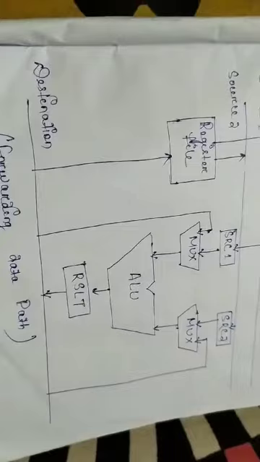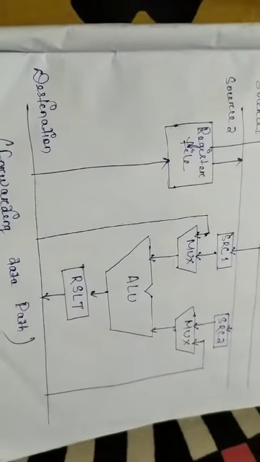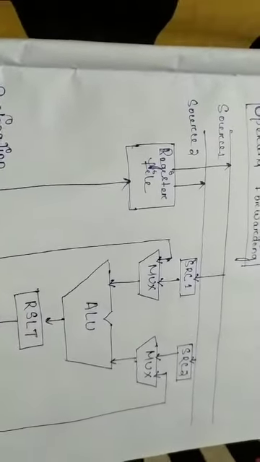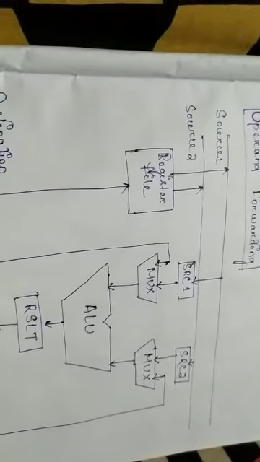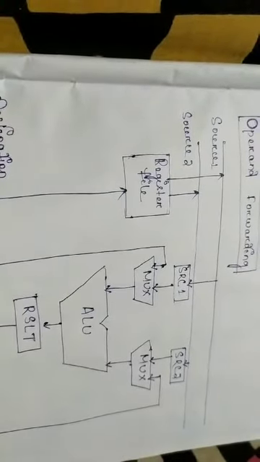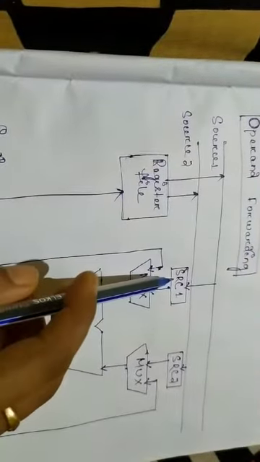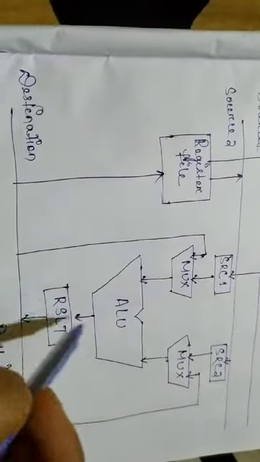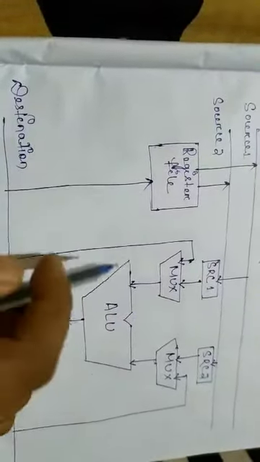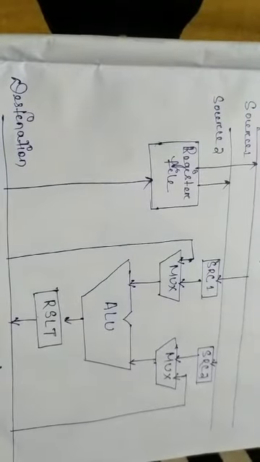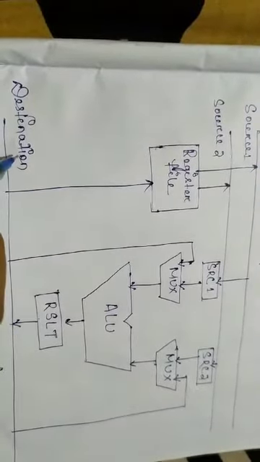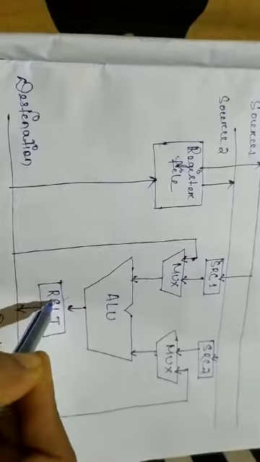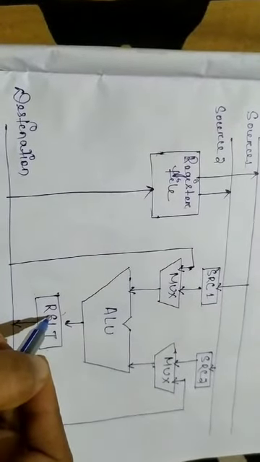This arrangement is similar to the 3-bus structure, as I have told you before: bus A, bus B, bus C. The only difference is that there are some registers: source 1, source 2, and result. Only these three are added. Otherwise, this diagram is similar to the 3-bus structure diagram. These registers constitute interstage buffers needed for pipeline operation.